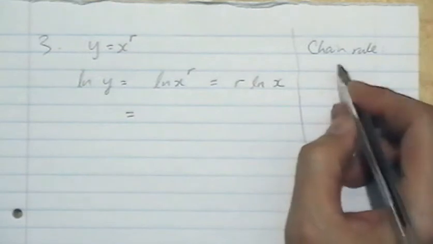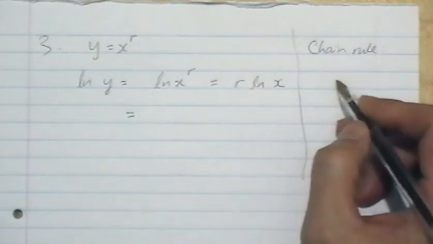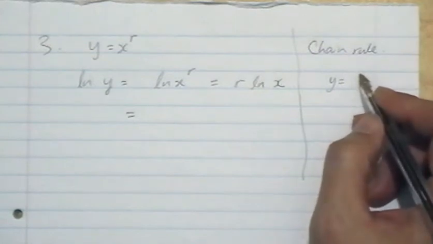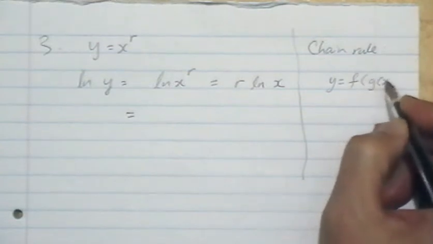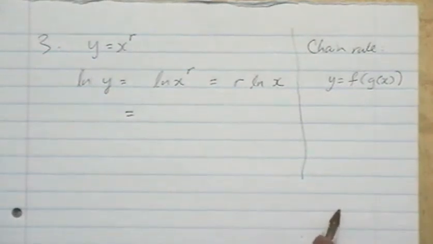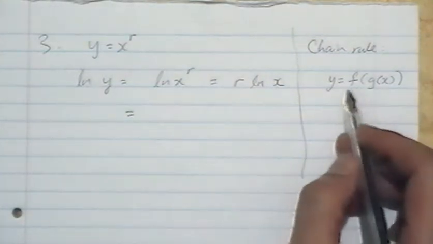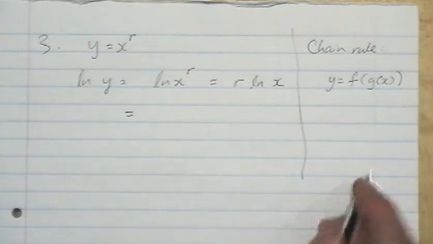But for now, let's make use of the result. The chain rule says that if I have a composite function, let's say f of g of x, then when I differentiate this, let me change this notation.